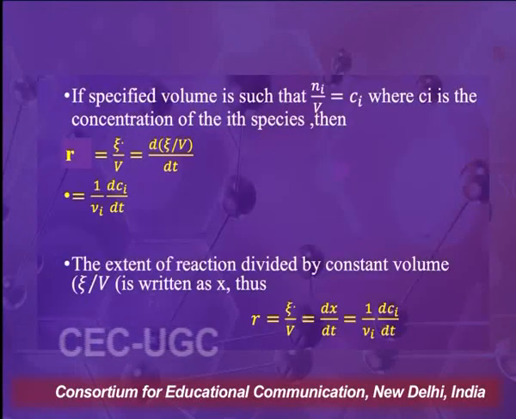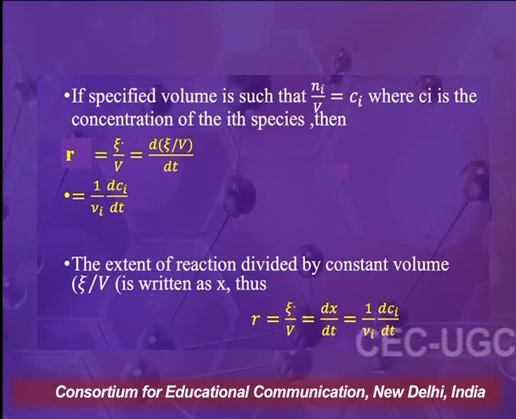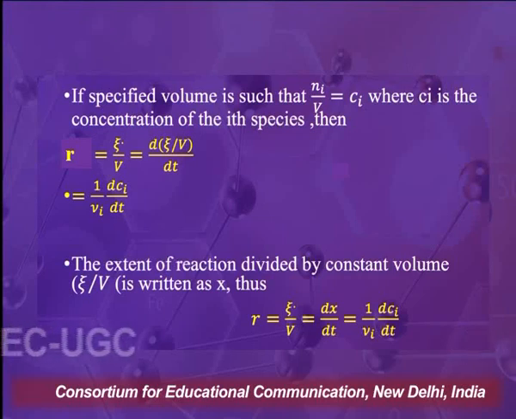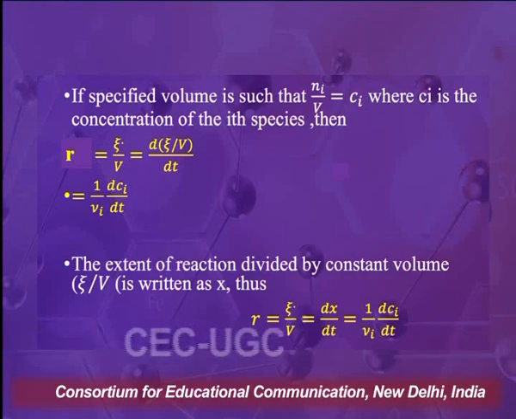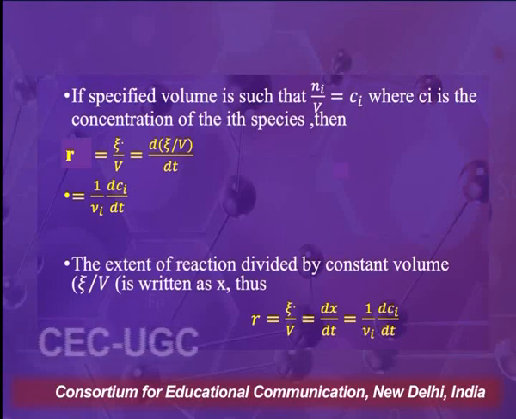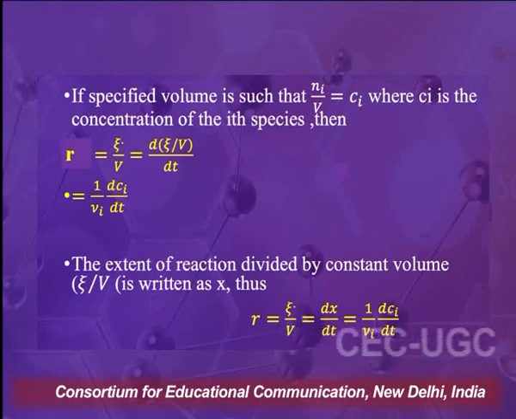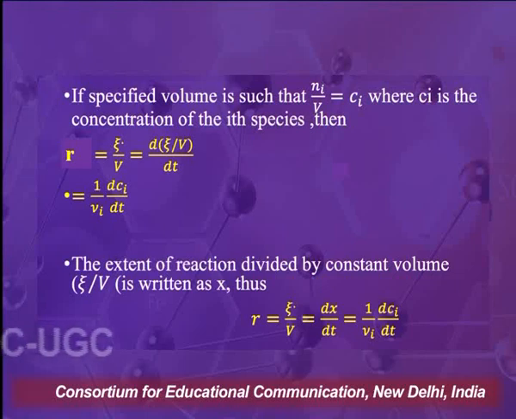If the specified volume is such that Ni/V = Ci, where Ci is the concentration of the ith species, then the rate R = ξ̇/V = dξ/(V dt) = 1/νi dCi/dt.